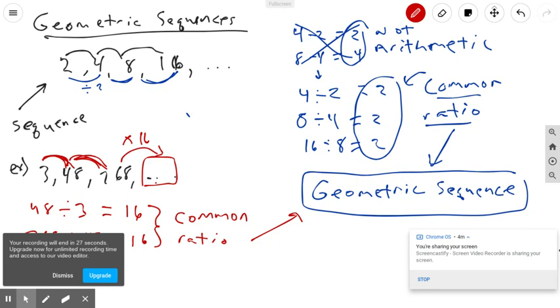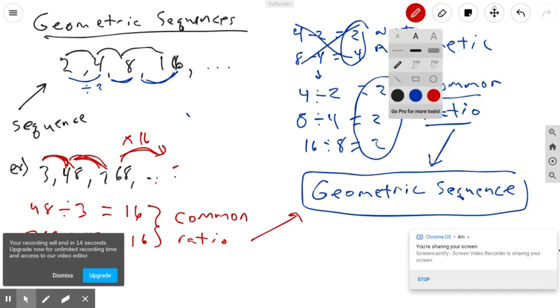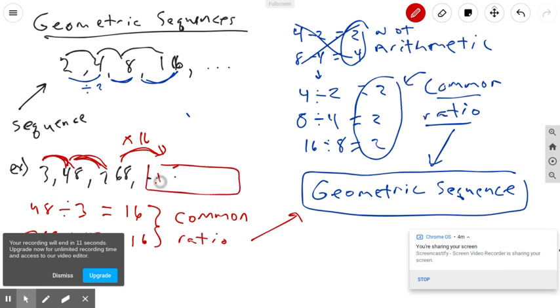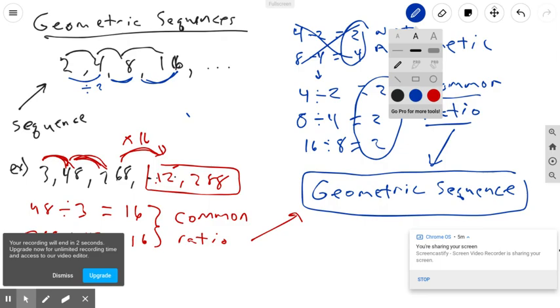We can use the dividing part to find out what the common ratio is, but then once I know that common ratio, I could just use that to find the other ones. So if I multiplied those things out, then I would get 12,288. So I could find the next item in the sequence by doing that.